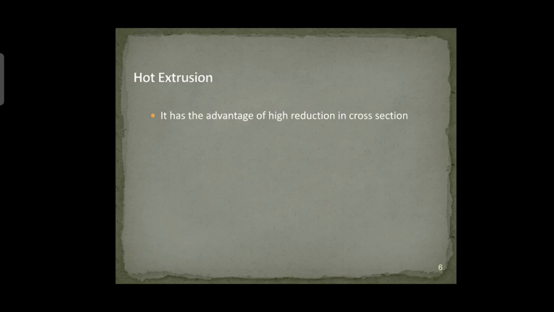So this is regarding hot extrusion, and discussing a few things you have learned. It has the advantage of high reduction in cross section. Very high reductions in cross section can take place in this, and the surface finish and accuracy produced by this process are very good and excellent.